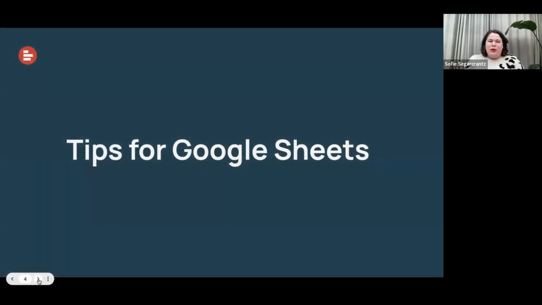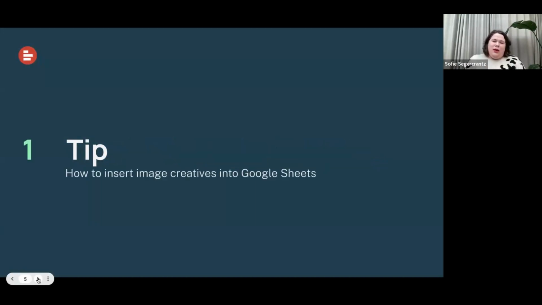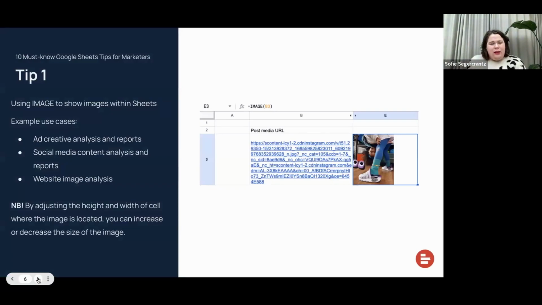Great. So we'll first start off with some tips for Google Sheets. And our first tip of the day will be how to insert image creatives into Google Sheets. So this is a really neat little trick when you're doing something like a creative analysis, and if you pull reports from social media, whether it be ad platforms or the organic part of social media, you might just get the creatives as a URL.